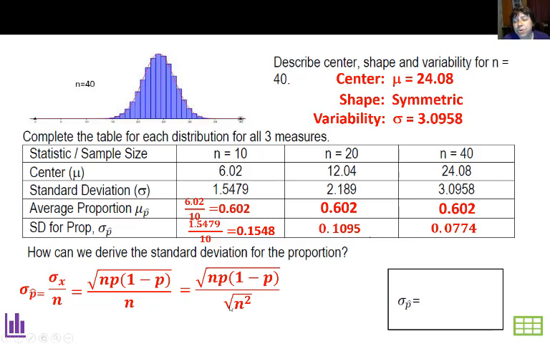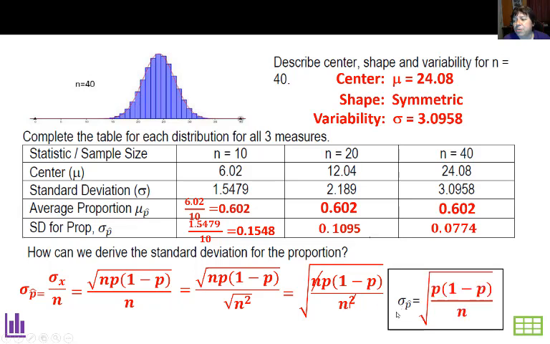Since I have a square root over a square root, I can combine them into one fraction. And then you'll see that this and one of these n's down here simplify. So we just end up with this formula. So the standard deviation for a proportion is the square root of p times 1 minus p, divided by n.